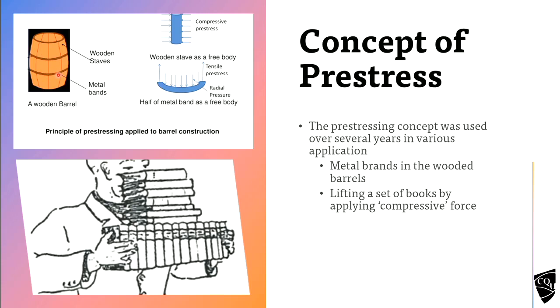The metal will shrink, which gives a compressive force, because the metal tries to tighten, to the wooden staves, and then it will stay as it is.